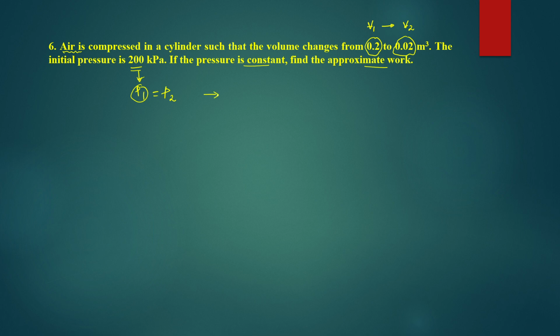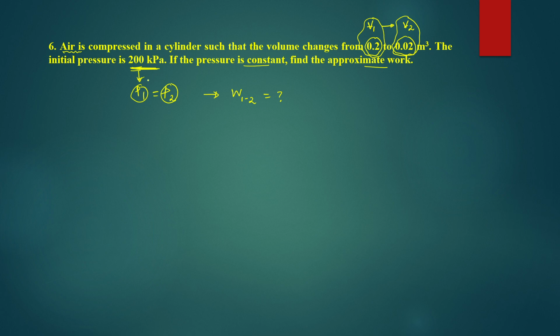In this case we have to find out the work interaction, that is work 1 to 2, will be equal to how much. Okay, so what are the given data over here? Here V1 is given to us as 0.2 meter cube, V2 is 0.02 meter cube, and P1, which is equal to P2, is given to us as 200 kilopascal.